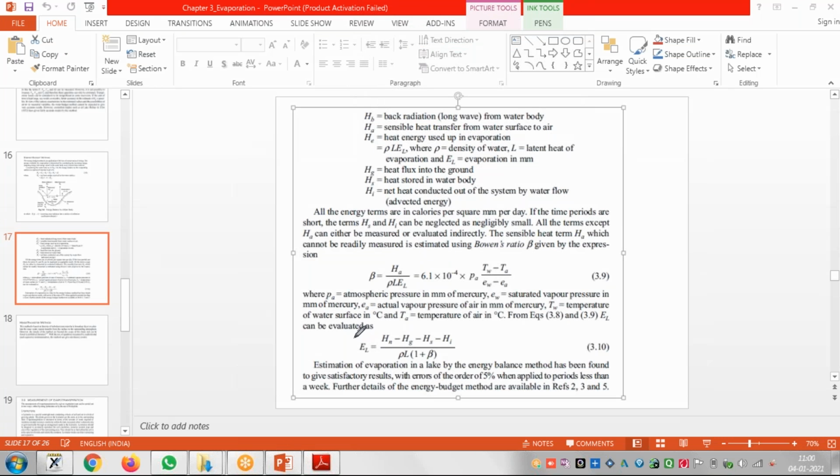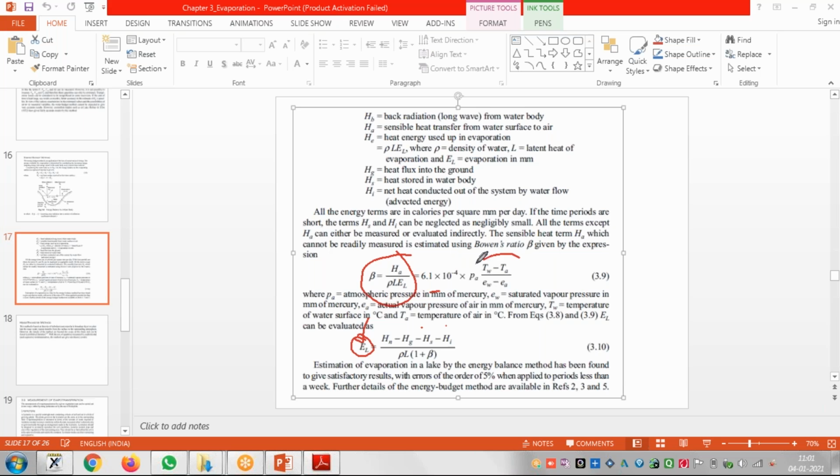Finally, the evaporation loss is calculated as Hn minus Hg minus Hs minus Hi, upon rho into L into (1 plus beta). And beta is equal to Ha divided by rho into L into EL, multiplied by this.